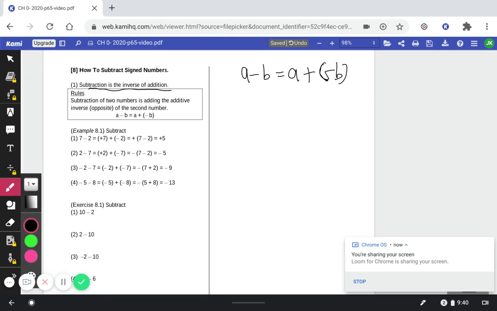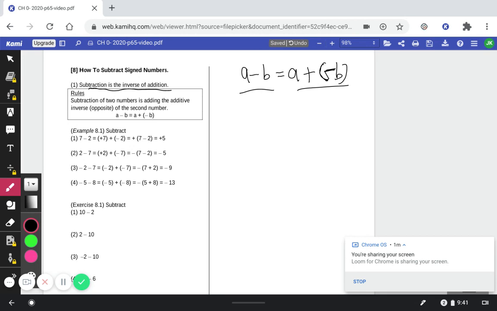So if we have a subtraction, we convert it into addition so we can apply the simple rules that we memorized, and in that way we can get the answer for subtraction as well. A minus B is the same as A plus negative B, and then you apply the addition rule.